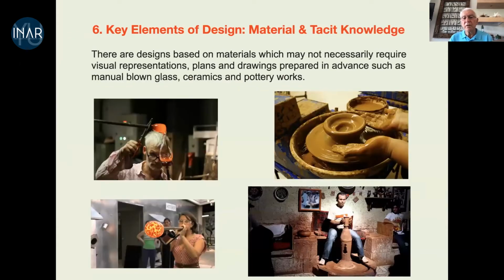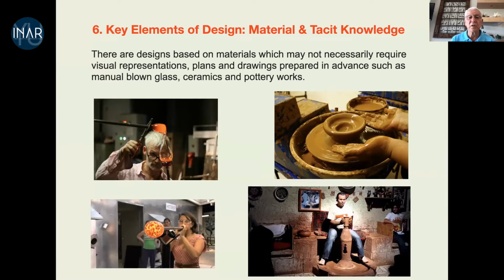Right, but there are other factors that play roles in forming, creating new works. Material and tacit knowledge, I would say. The materials, glass or let's say in that case ceramics, kiln, are taking shape according to the skills of the masters.